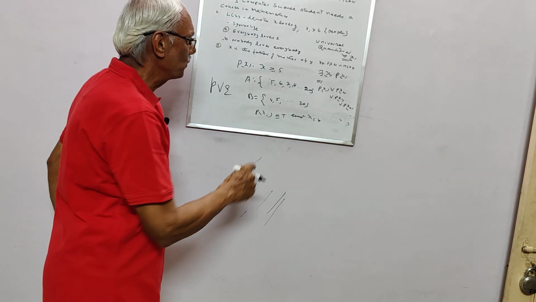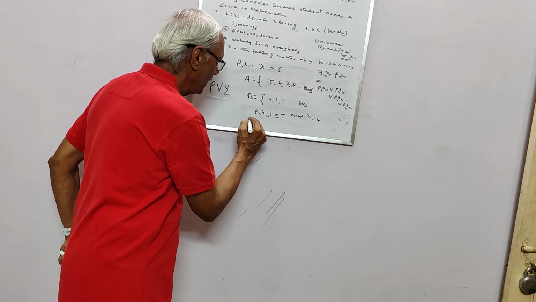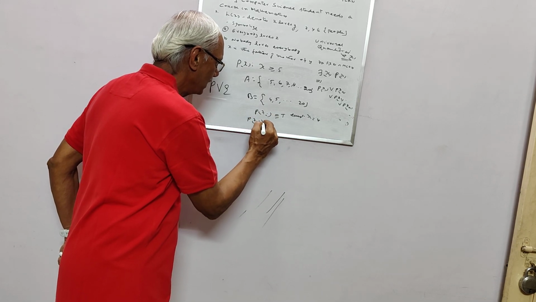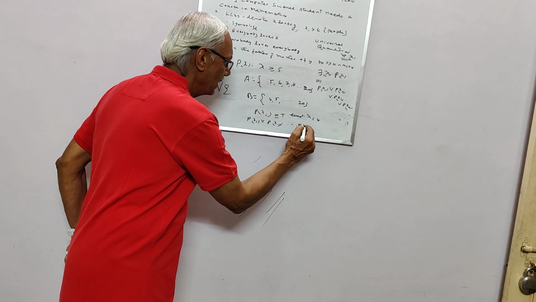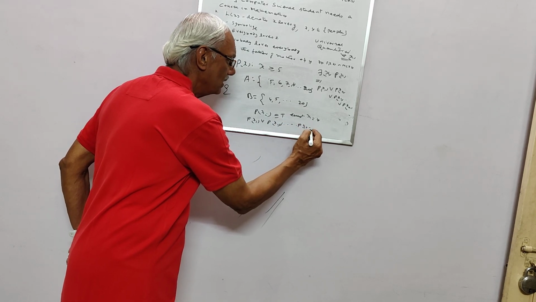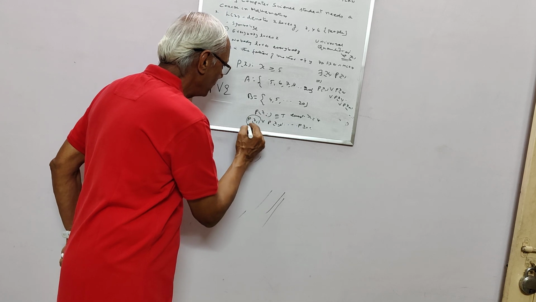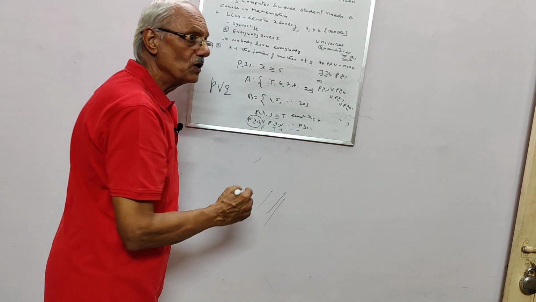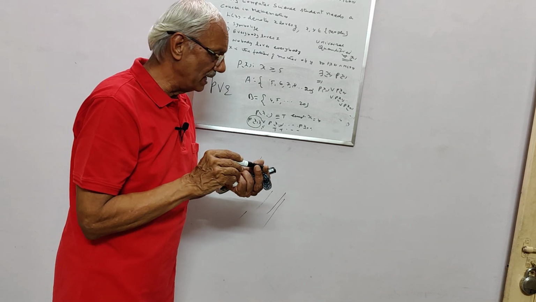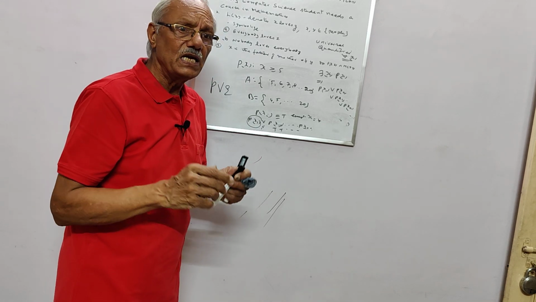You can say P of x1 disjunction P of x2 disjunction up to P of xn is true, but at least this one value will become F. All others are true, so it may be a true statement.